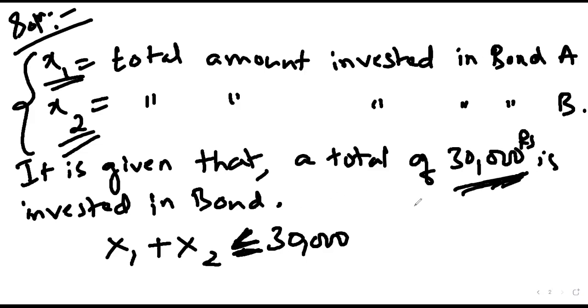So this is the first: X1 plus X2 smaller than or equal to 30,000. Any doubts here?